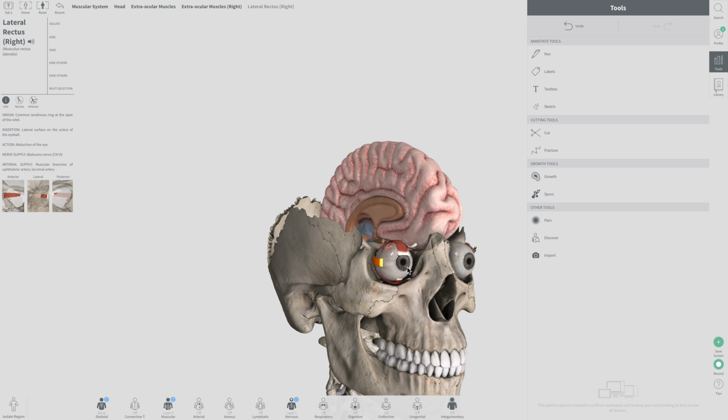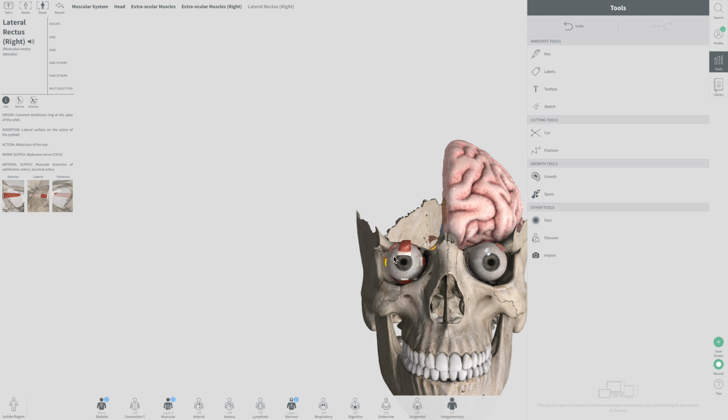Now, if you can imagine one, two, three, four, five, and I think there's more behind this, if they were all to contract together, they would simply compress your eyeball, right? But if they contract one at a time, you would move the eyeball up, down, left, or right. But your eyeball is never moving in a purely linear fashion.